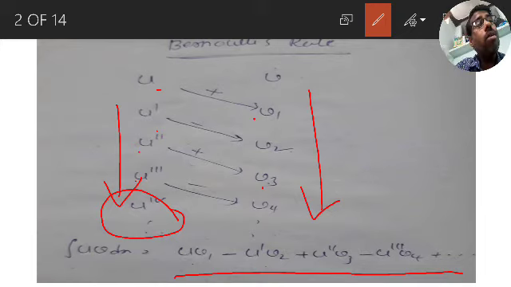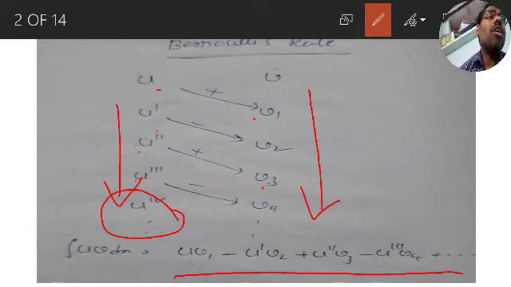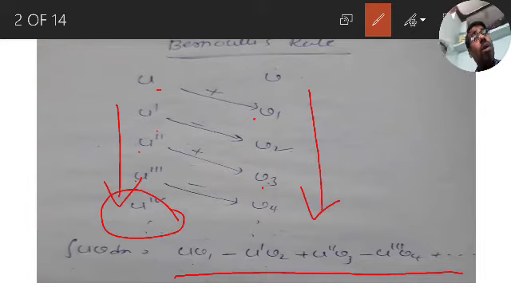The first function is always algebraic, which means the second function should be trigonometric or exponential. It should not be logarithmic or inverse. These are some conditions to apply the Bernoulli rule. That's what I want to tell you.